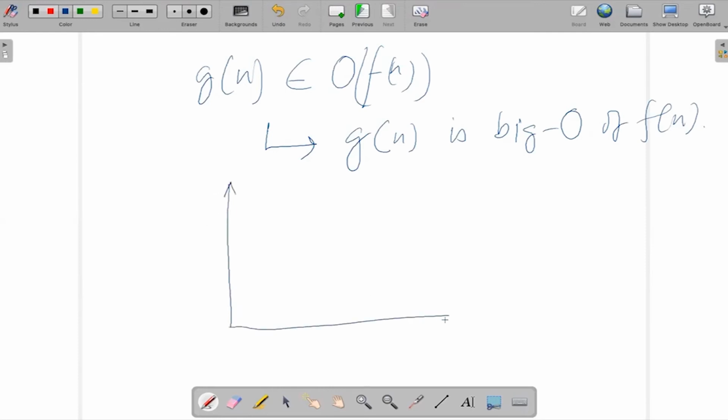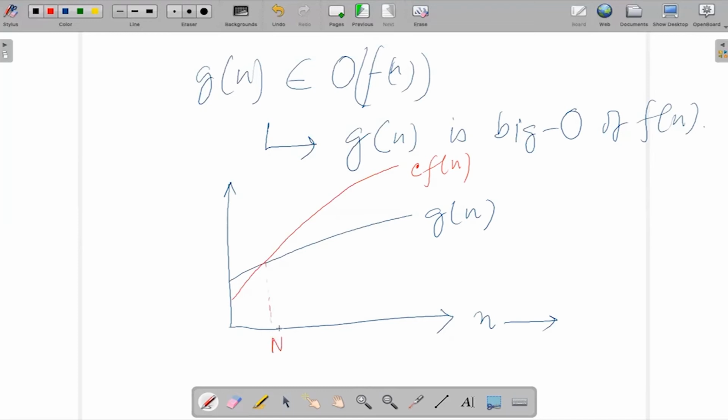So pictorially, if you try to draw this phenomenon, say n is here, then see, after the value of capital N, C into f(n) is always larger than g(n).